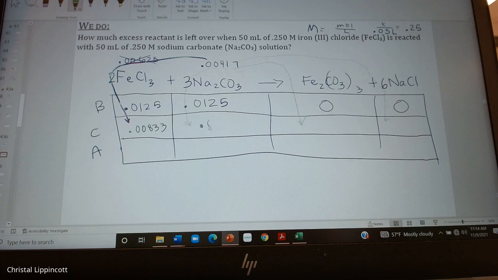Here is 0.0125. We're using these up, so they're minuses. These are going to be pluses. And here is going to be 0.0250.